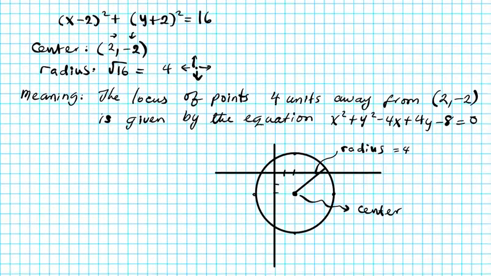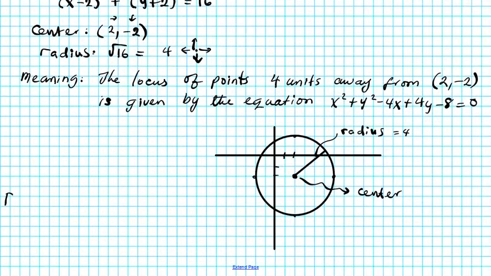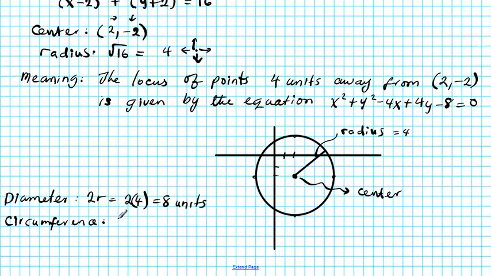So now let's find the other information. The diameter of a circle is double the radius, so it's 2 times 4, which is 8 units. And then the circumference, the formula is 2 pi r, which is 2 pi times 4, which is 8 pi units.